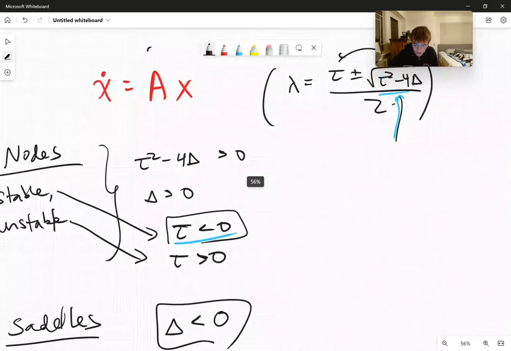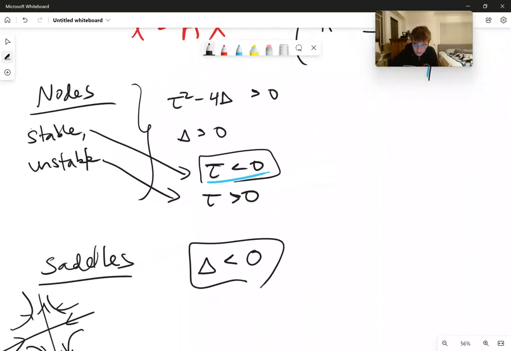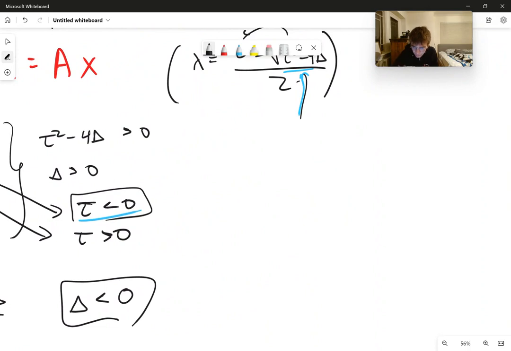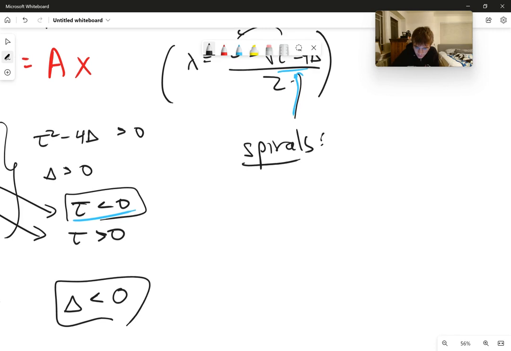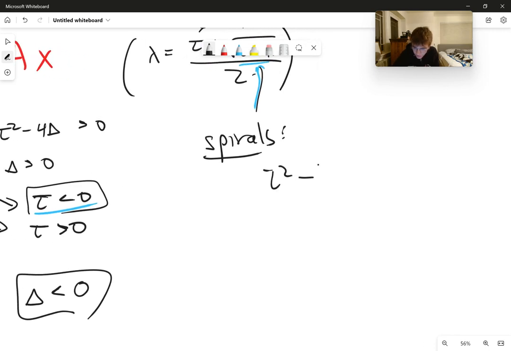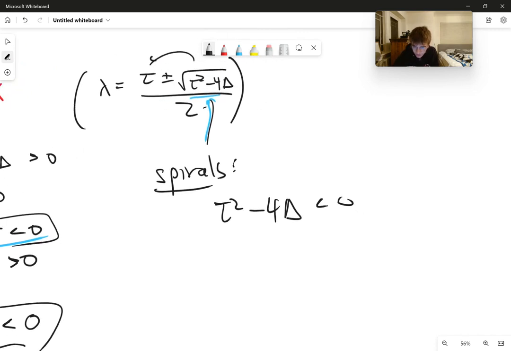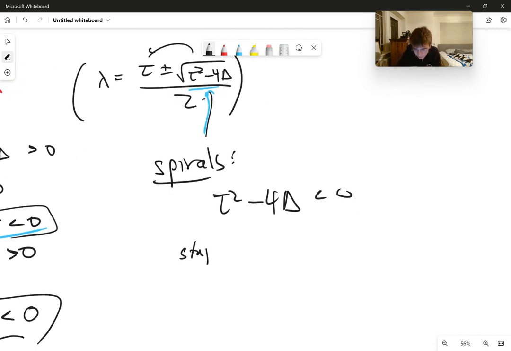Okay, and the last thing we covered is spirals, which occur when tau squared minus 4 determinant is negative, so I have a complex eigenvalue. And then my stable spirals occur when, again, the trace is negative, because the trace is what determines that exponential multiplier e to the alpha t, which is outside of our solution.